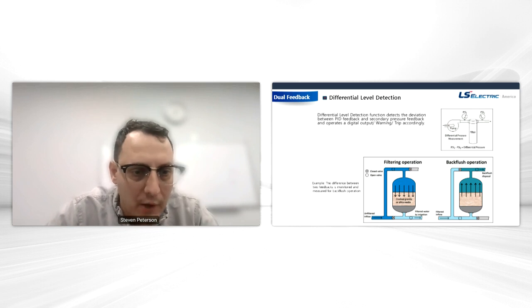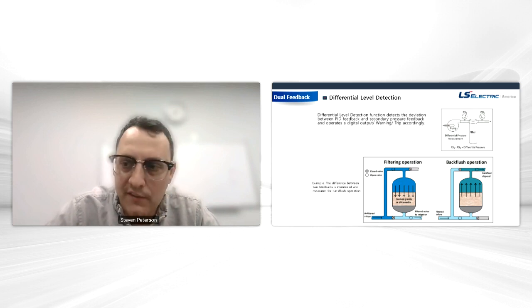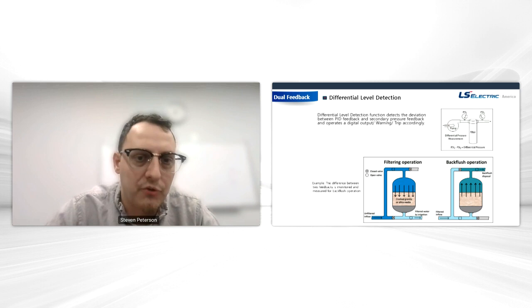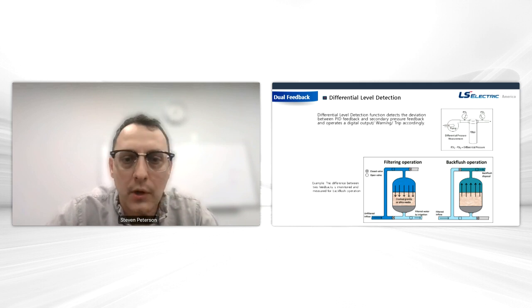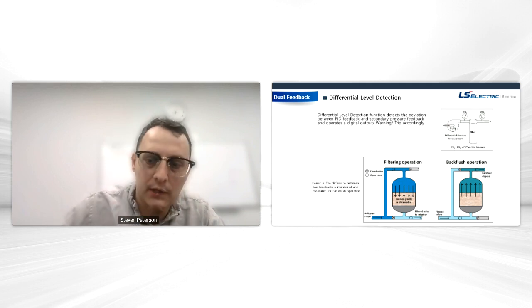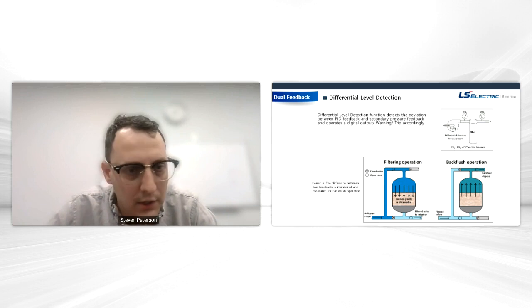So that's what we're showing you here: we're monitoring those two feedbacks, measuring the difference between the two, and the drive does have a backflush functionality built into it. You could program an output, and you could have the drive pop up with a warning or a trip of what's going on there. So this is another capability.